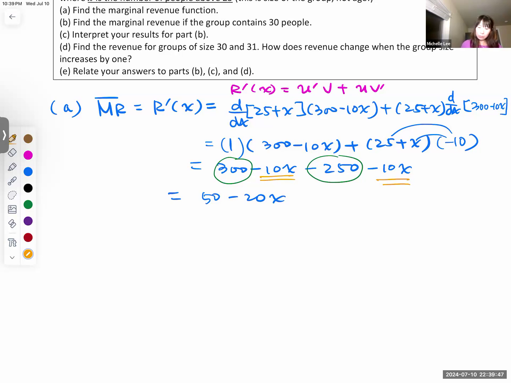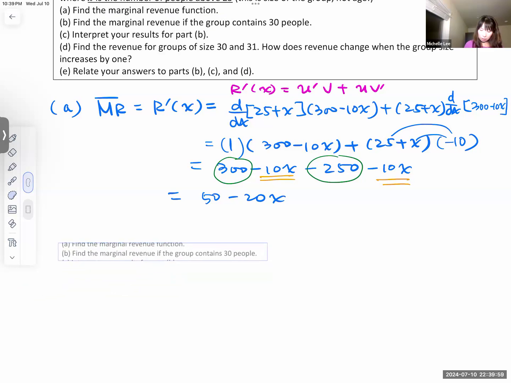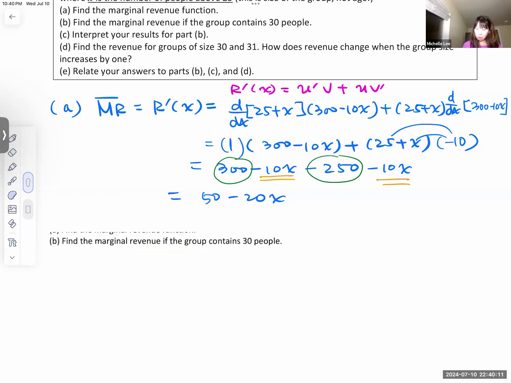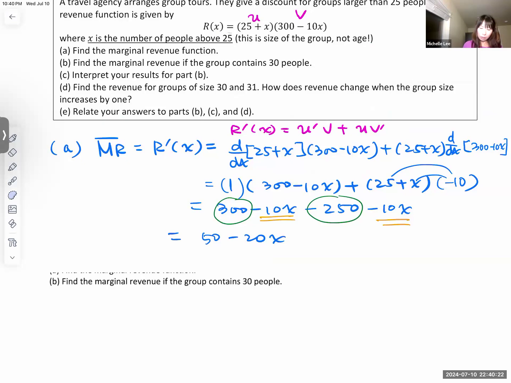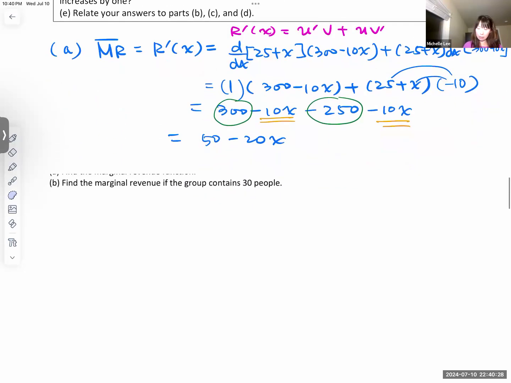Okay, so let me copy this one. And make it a little bit nicer. Okay, so we have 30 people, right? That means x is the number of people above 25. So we can set x equal to 5.